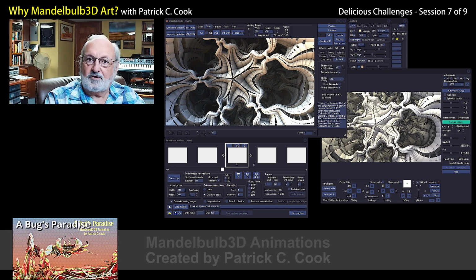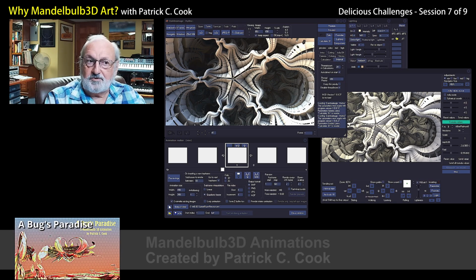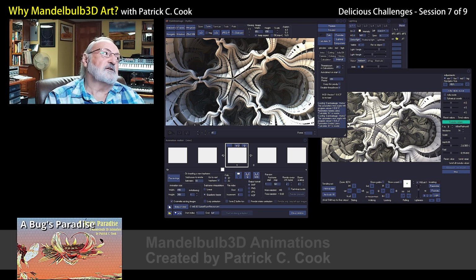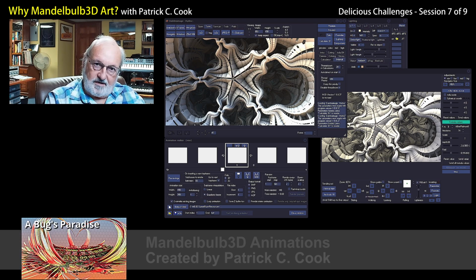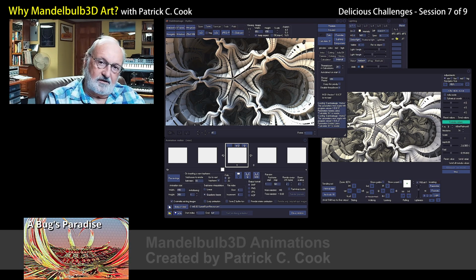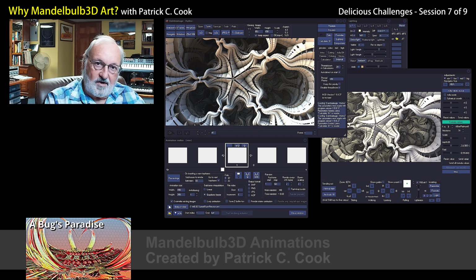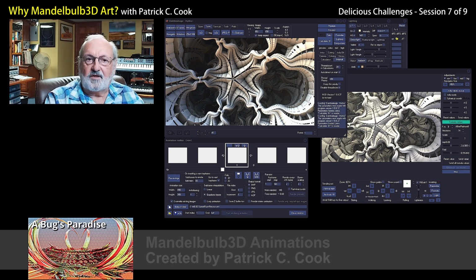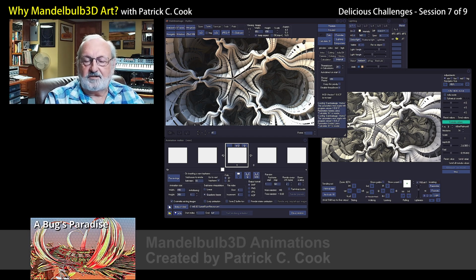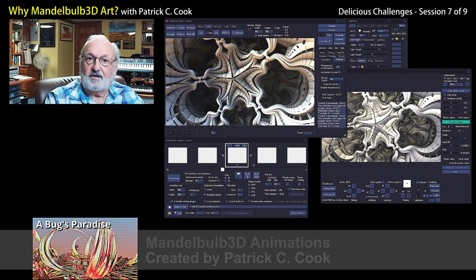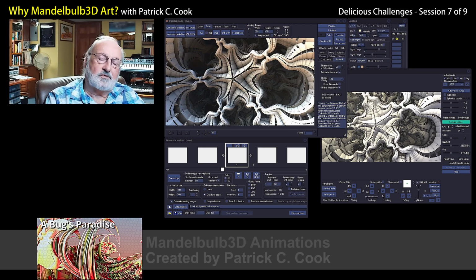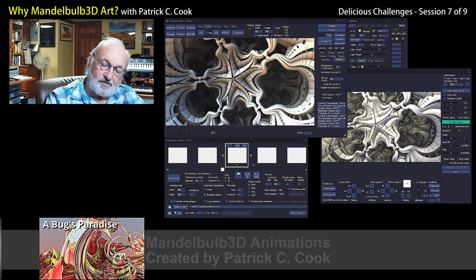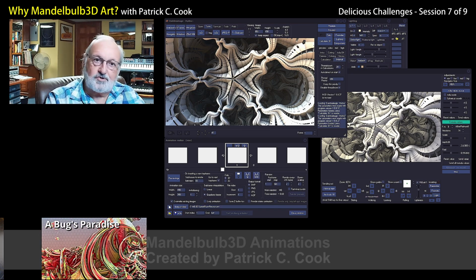You're not entirely in charge, right? You aren't. And it's very difficult for you to predict what you're going to get in terms of a graphic. And if you have a hard time with that, you are going to be frustrated with the application and the whole process, and you will not continue to work with the Mandelbulb 3D application because it doesn't suit you.